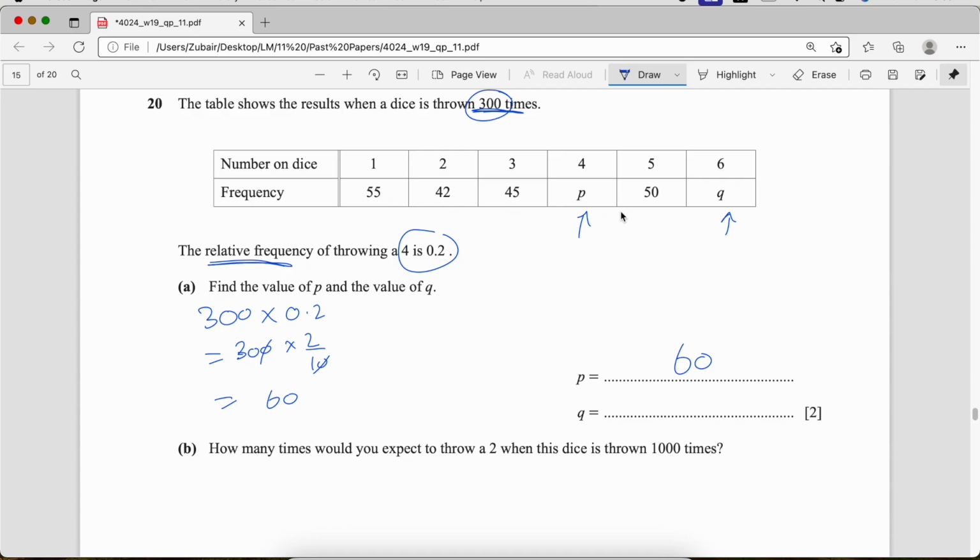So 55, 42, 45, 50, and that's 60. I'm just making a cross check. 55 plus 42 plus 45 plus 60 plus 50 is 252. So total was 300, we subtract 252, that's 48.